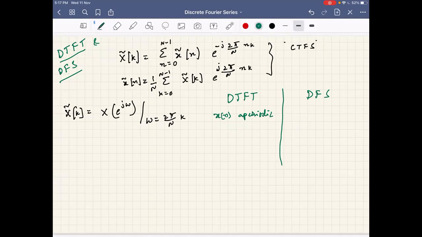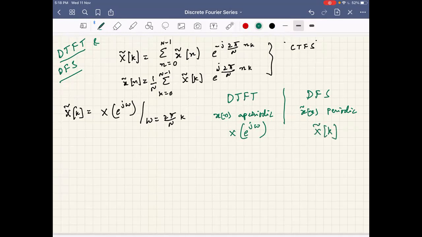And this one is for x tilde of n being periodic. Can this be considered as the DFS, which is defined for periodic sequences? The discrete sequence gives only a set of discrete frequency coefficients, whereas this gives a continuous spectrum, the Fourier transform or frequency domain representation.